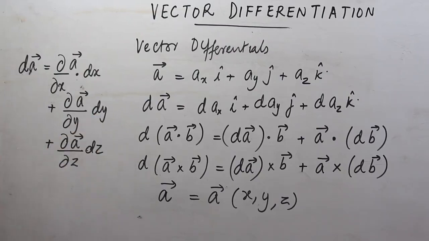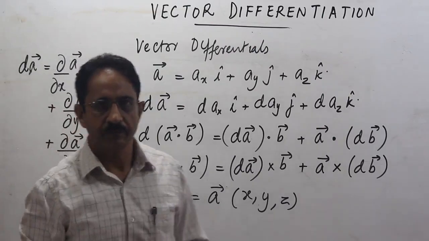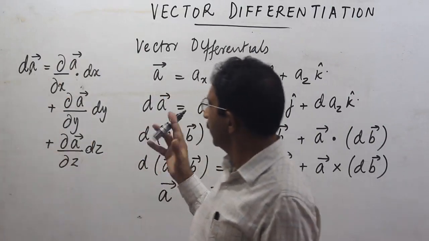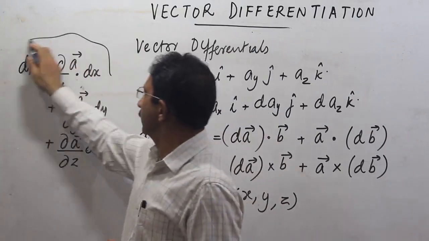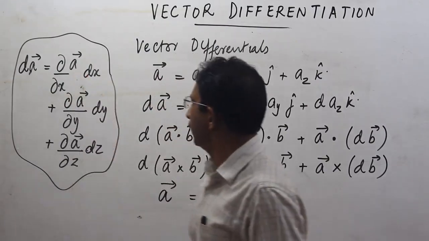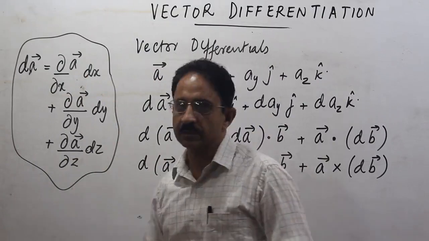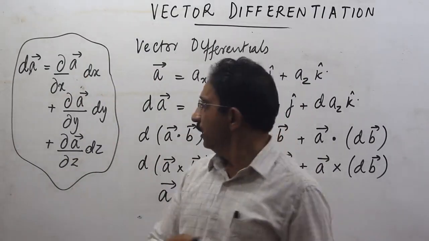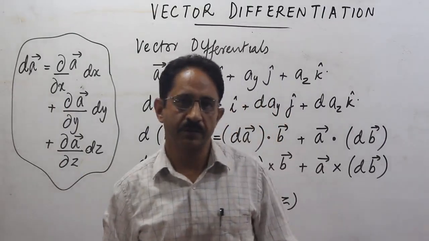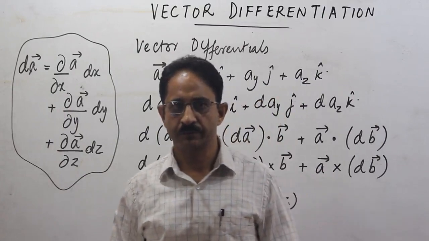We use this result in the calculus of scalar functions as well, it follows from the Taylor series, and we can utilize the same result in the case of vectors. This is not a dot product, simply multiplication with dx, multiplication with dy and multiplication with dz, and this is how we define various differentials of vectors, which may be useful operations.